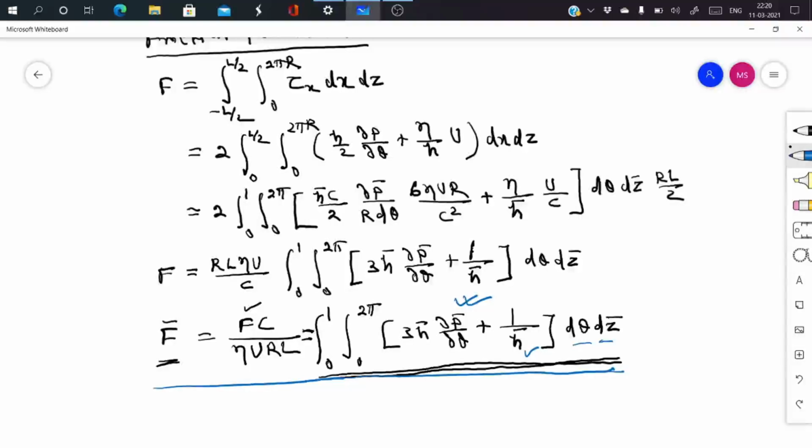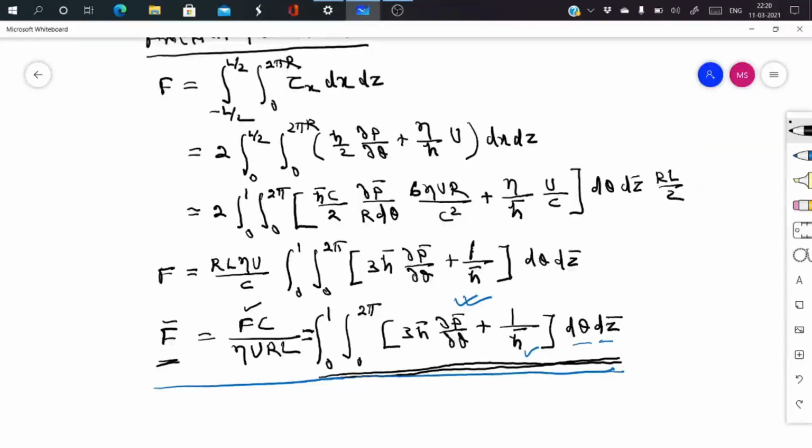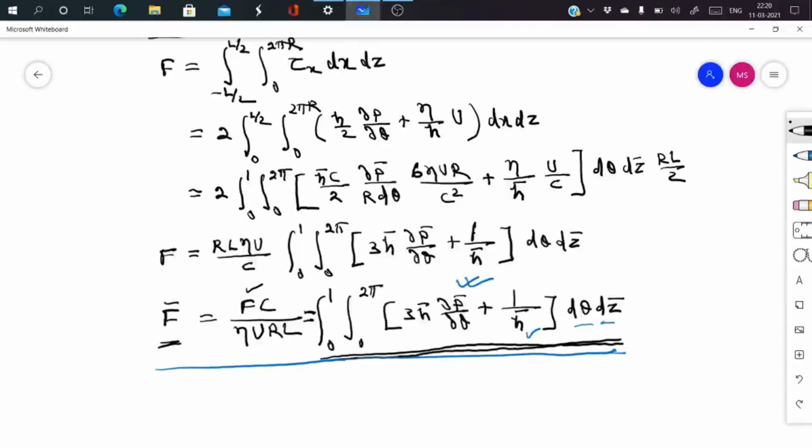Now if you want to calculate the coefficient of friction, do remember, you have calculated F bar and W bar, but if you are thinking that mu equals F bar by W bar, then it's again wrong.